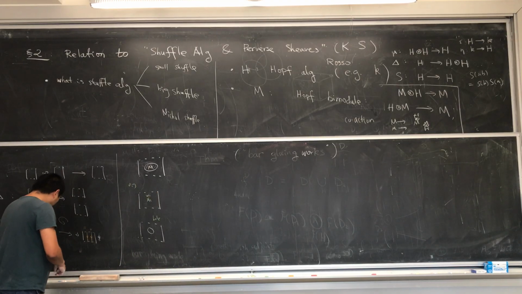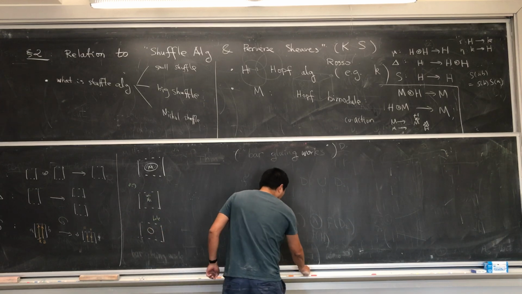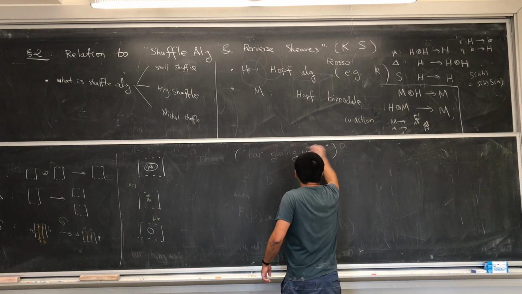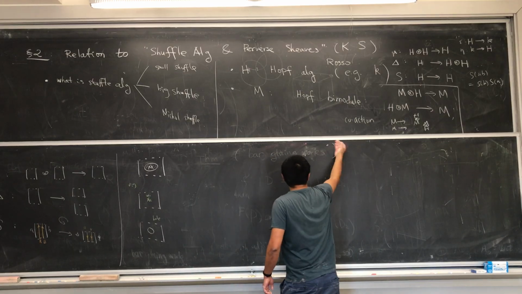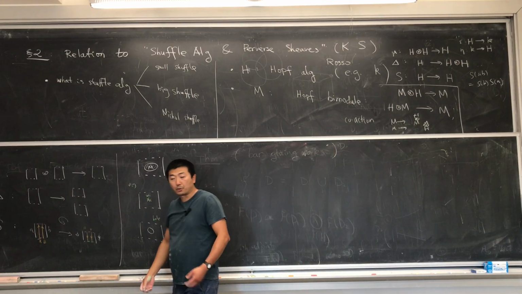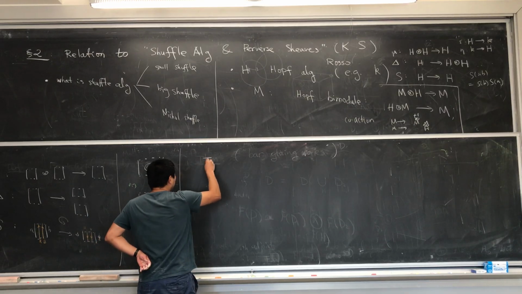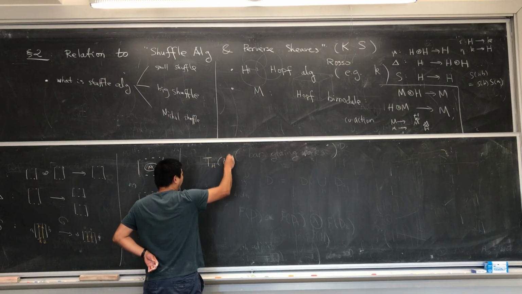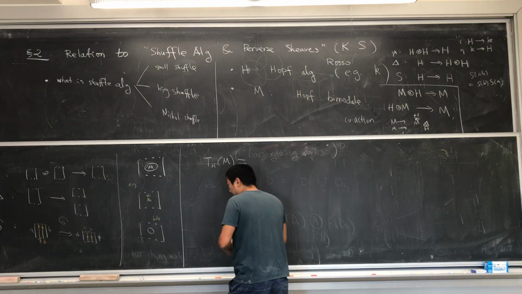Now, given this thing, Rosso and the people who worked before him defined two operations. One is called the free algebra, the tensor algebra T(M). What is the definition? The definition is the following.